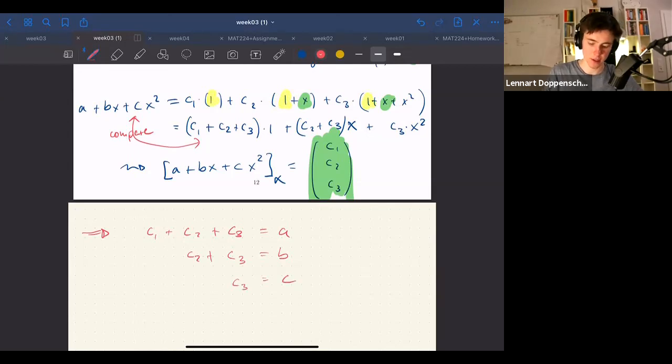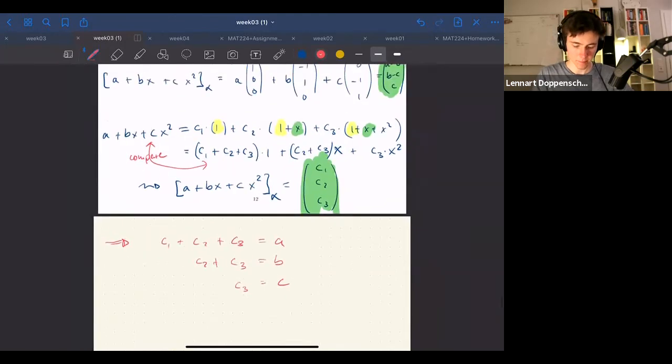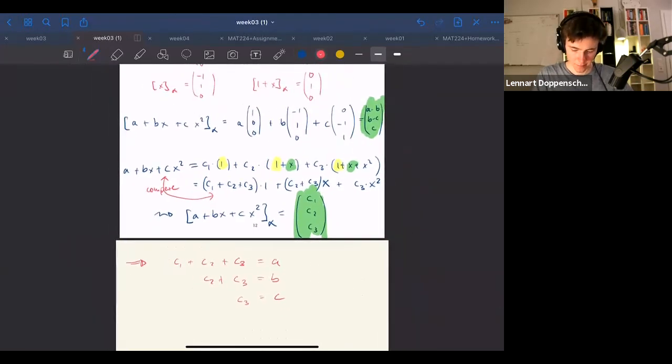And this is just a plain old system of equations that we can solve. And in fact you can see that there's exactly one solution, which is going to be this one.